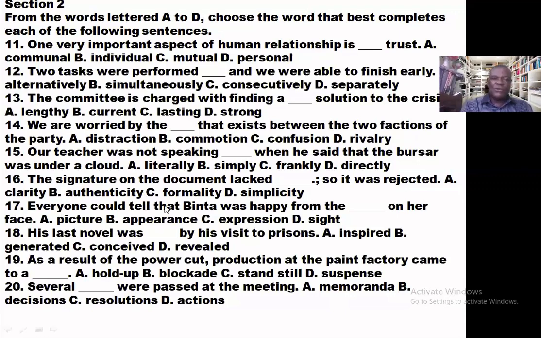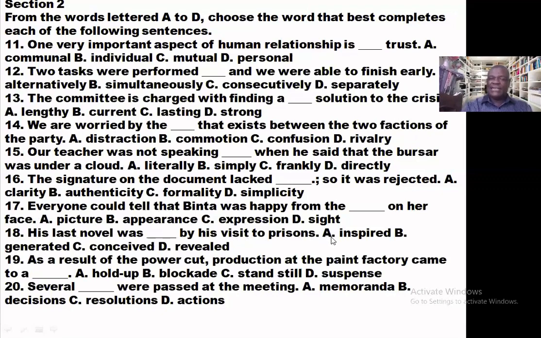17, everyone could tell that Binta was happy from the dash on her face. A, picture on her face, no. B, appearance on her face, well, but not quite. C, expression is the appropriate word. You talk of the expression on someone's face. So that is the appropriate word. 18, his last novel was dash by his visit to prisons.